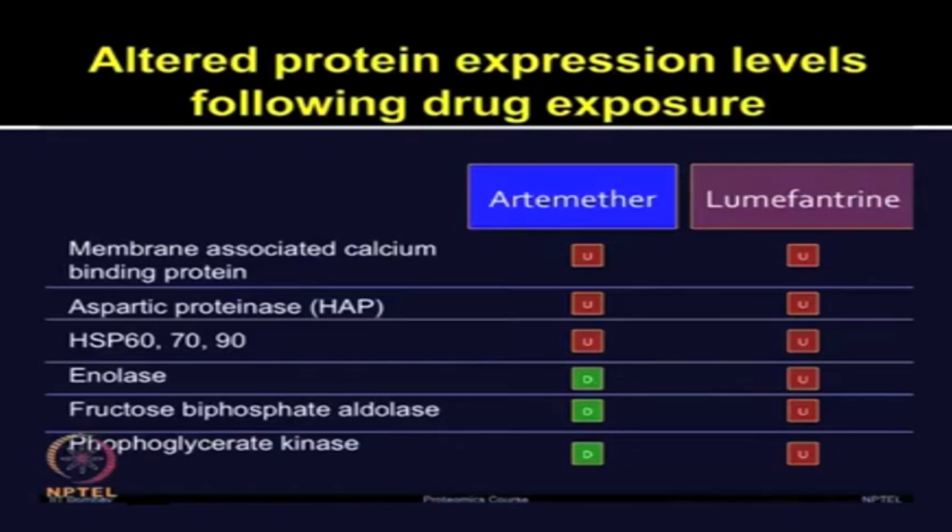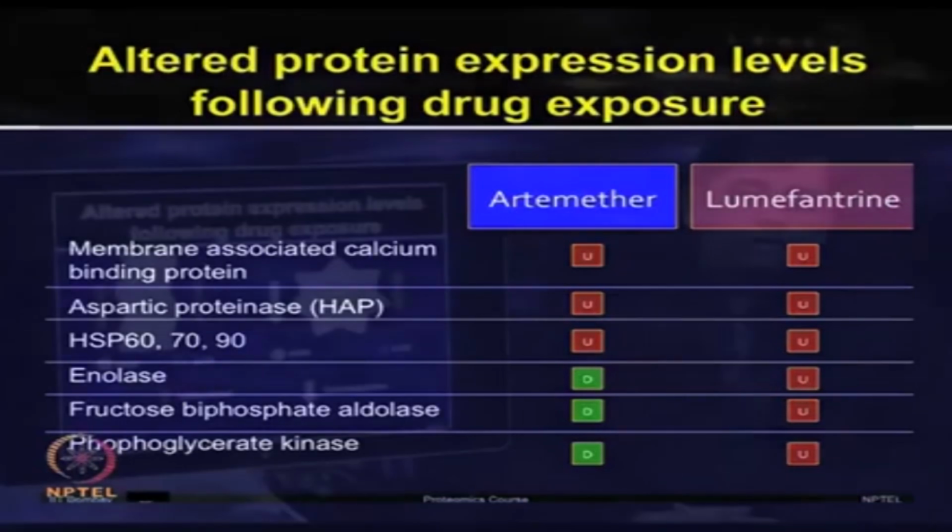There are certain proteins such as enolase, fructose bisphosphate aldolase and phosphoglycerate kinase. These proteins were down regulated in artemether treatment and up regulated in the lumefantrine treatment.